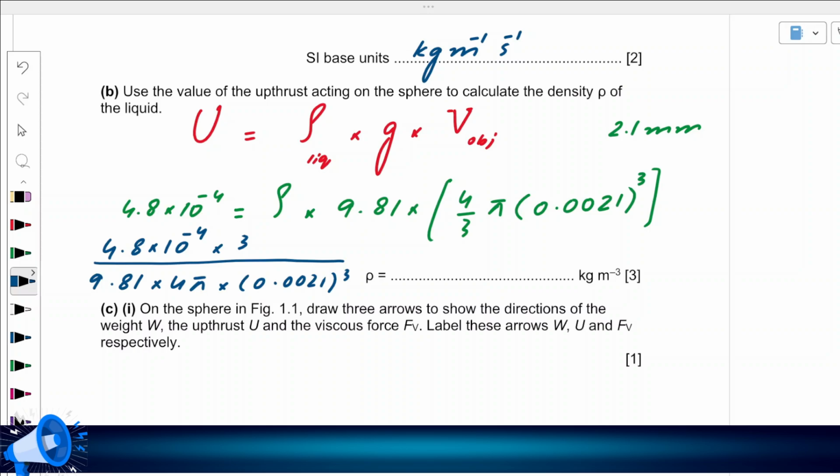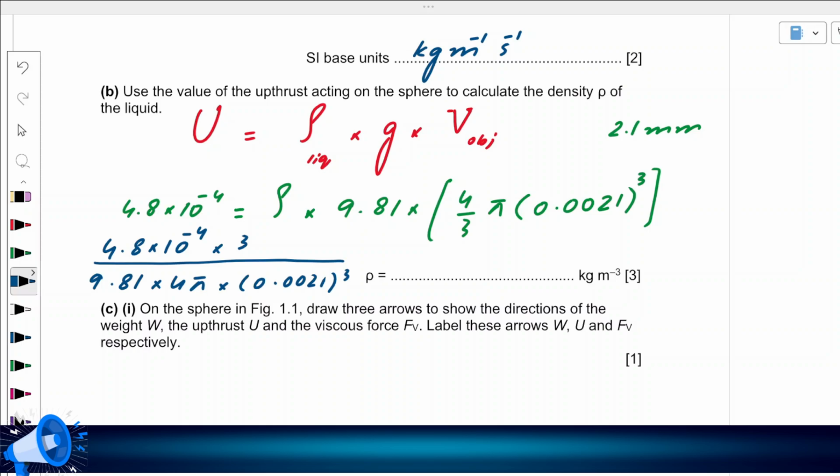The answer in 2 SF, I think the answer that you get on the calculator is 1260.65 something. In 2 SF, we can round it off to 10 raised to the power 3.